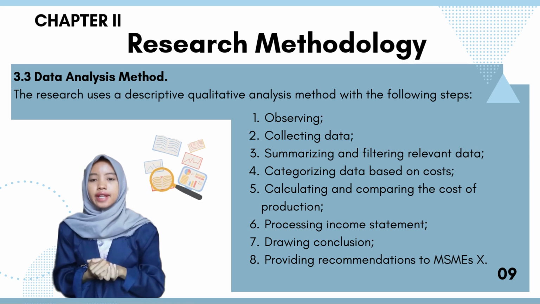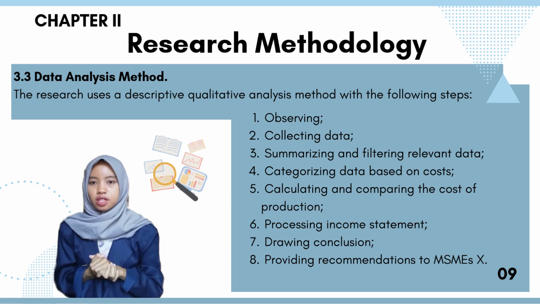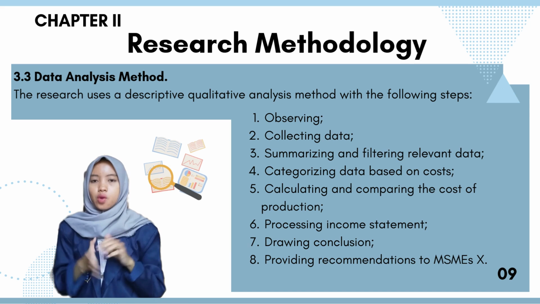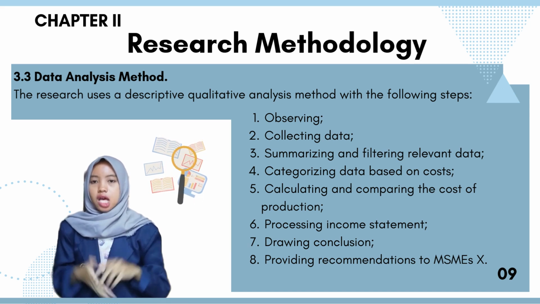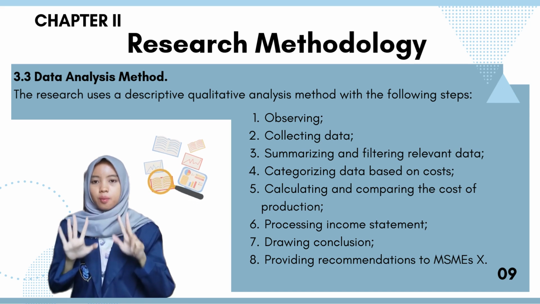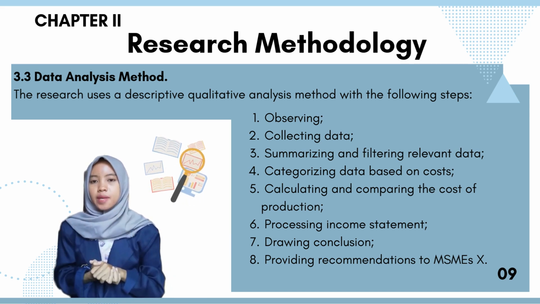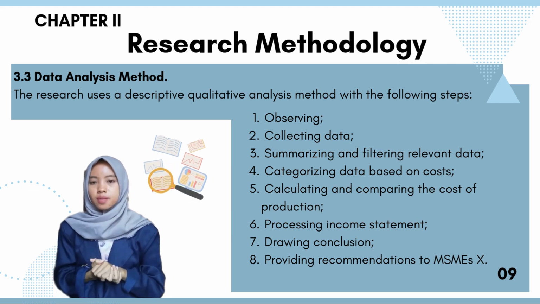Fifth, calculating the cost of production using the process costing method and comparing it with the method used by MSMEs X. Sixth, processing the calculation result into an income statement. Seventh, drawing conclusions regarding the effectiveness and accuracy of both methods. Eighth, providing recommendations to MSMEs X for improving the cost of production calculation process.